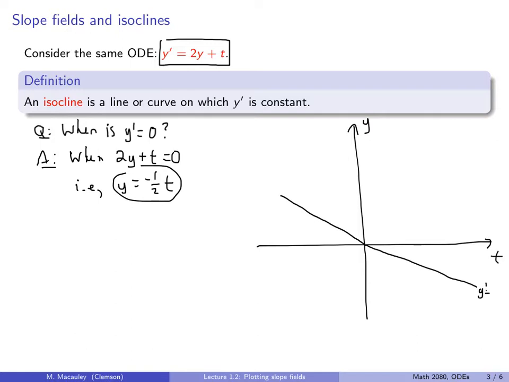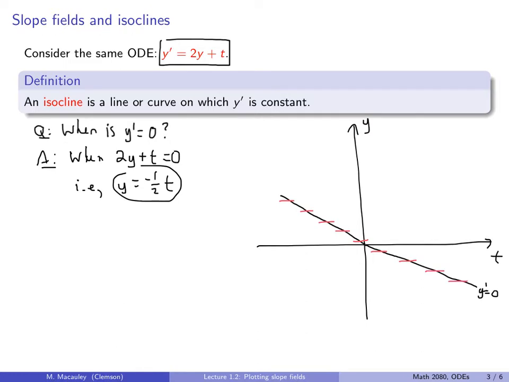So everywhere on this line, the derivative is going to be 0. So on this line, I'm going to draw these horizontal tick marks or hash marks that have slope 0.